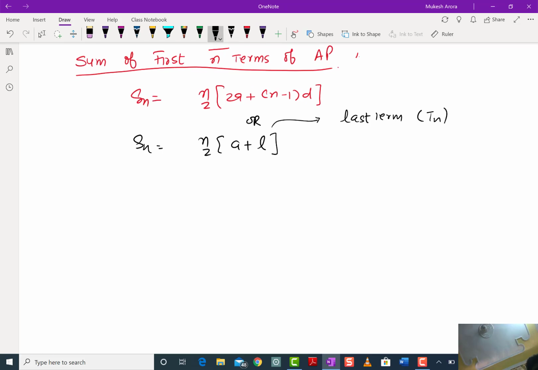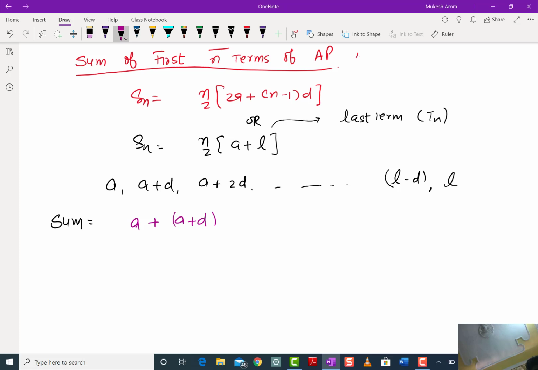So the terms are a, a plus d, a plus 2d, and so on. The last term will be l and the second last will be l minus d. So the sum Sn will be a plus a plus d plus a plus 2d and so on, plus l minus d plus l.